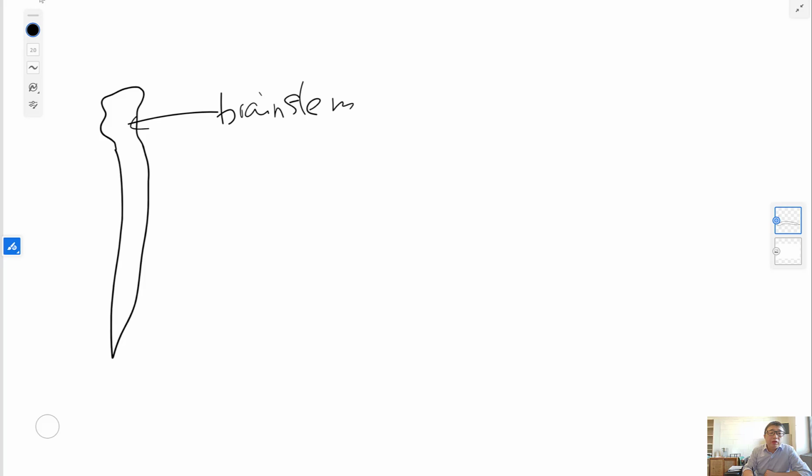And then above the brainstem, there's this part, the diencephalon. Cephalon means the head.